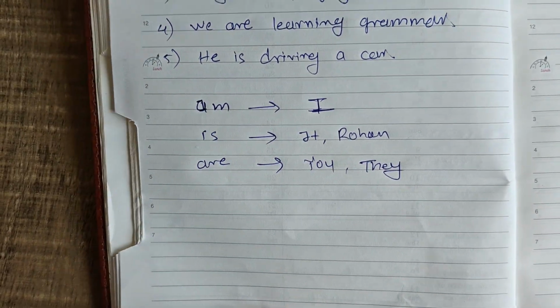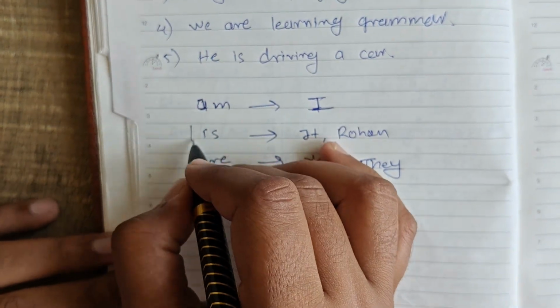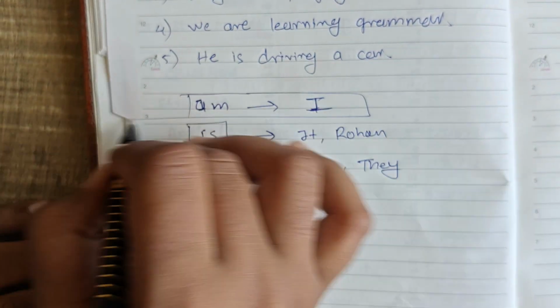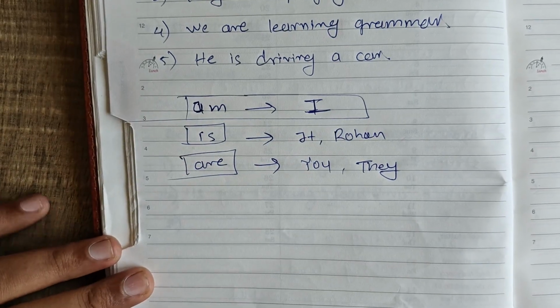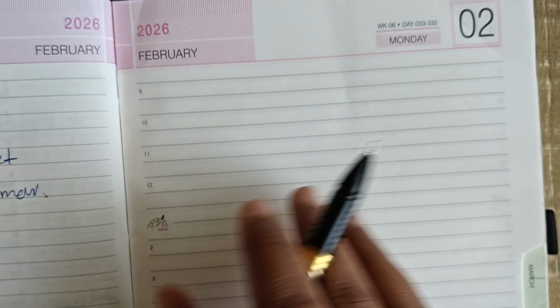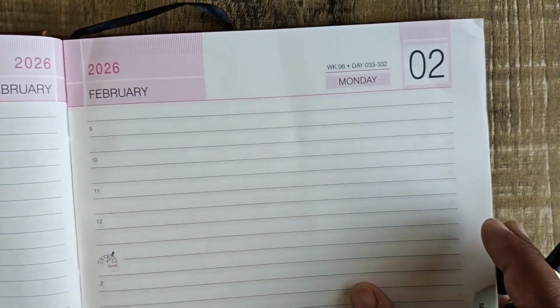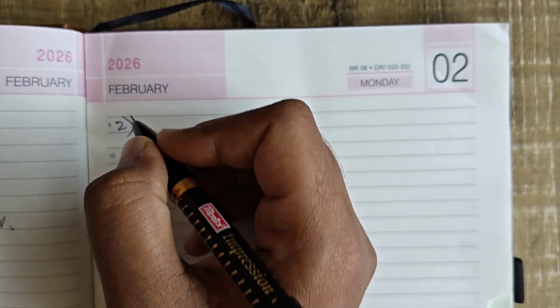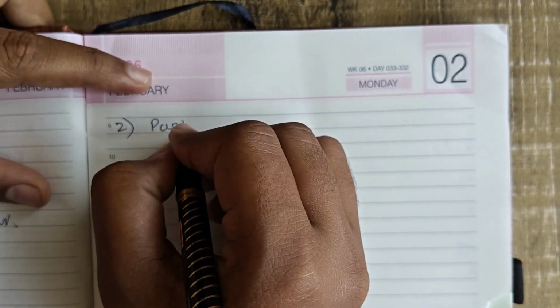Just remember that is comes with singular, are comes with plural, and am always comes with I. This is the way to remember. Let's see the second continuous tense, the past continuous tense.